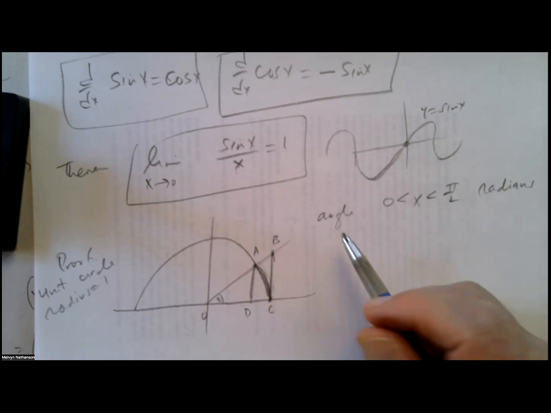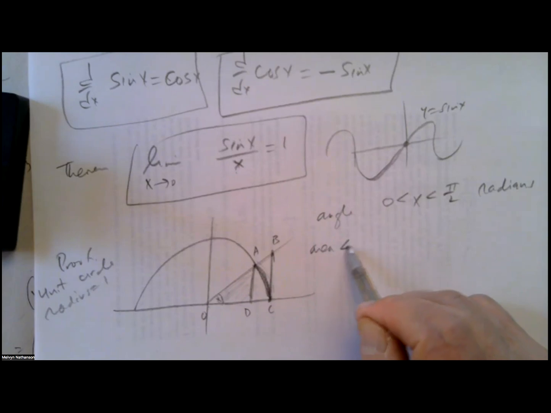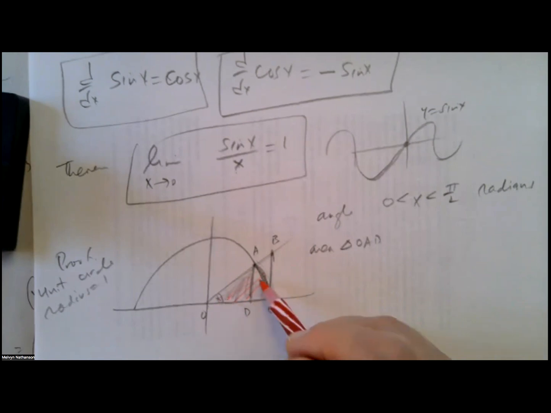Now, if I look at this picture here, this is the triangle OAD. So I have the area of triangle OAD. That's this. And I have the sector OAC.